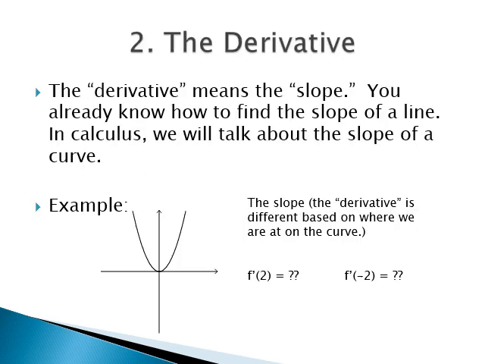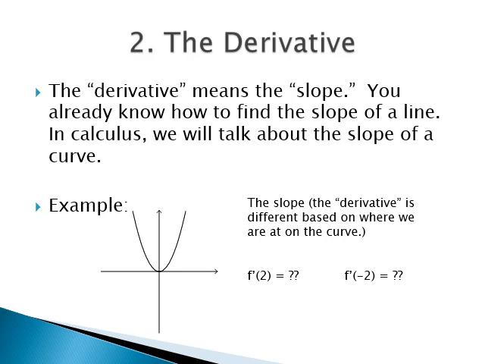In about 2 or 3 weeks, we'll start talking about the second big idea, the derivative, which is really just a fancy word for slope. You know how to find the slope of a line, rise over run, y2 minus y1 over x2 minus x1, but here we're going to talk about finding the slope of a curve.